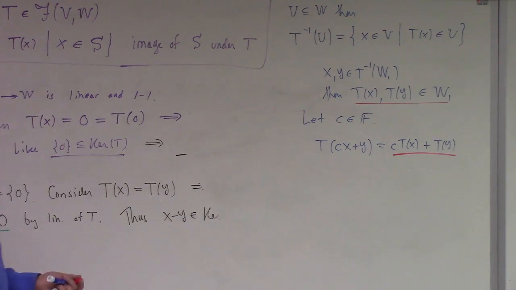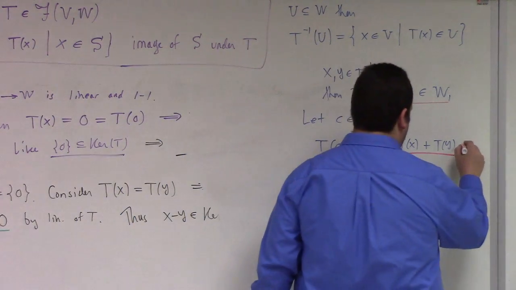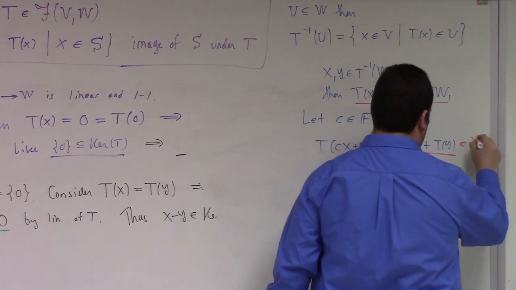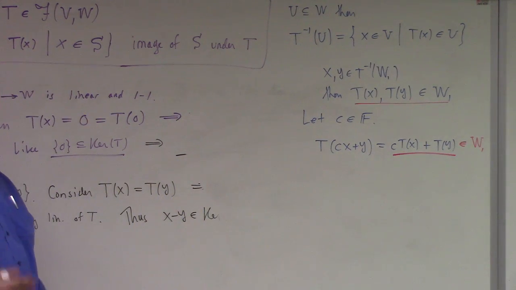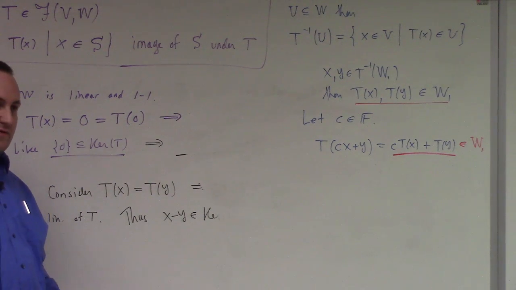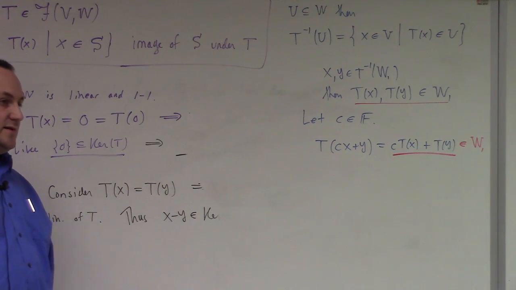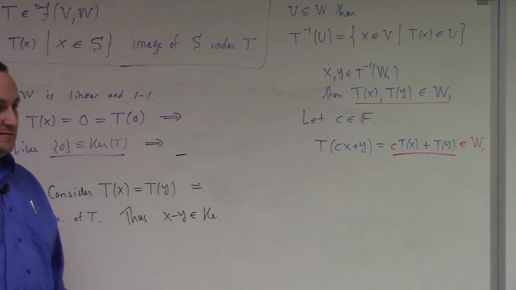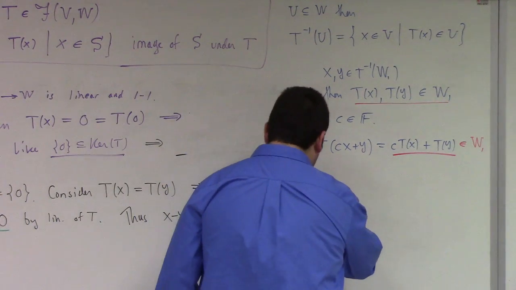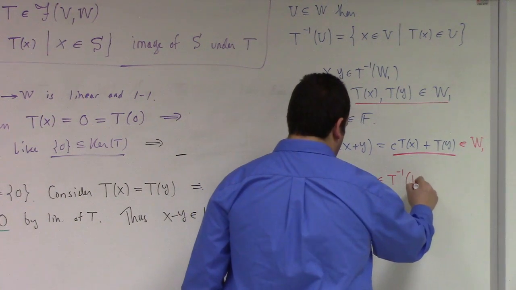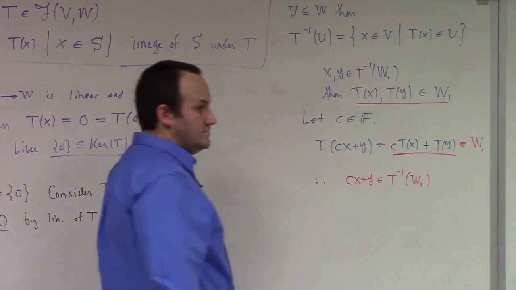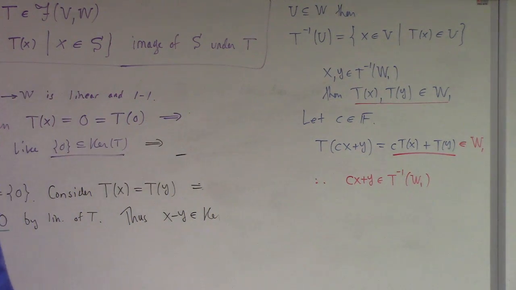So this whole thing is an element of W1, because T of x and T of y are W1 elements, and the linear combination of them is again a W1 element. But what does that show? cx plus y is an element of the inverse image of W1. And again, you can show zero is in there. So therefore, it's true by the subspace test.